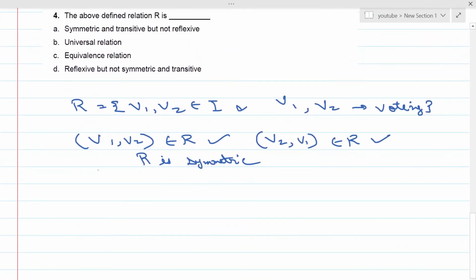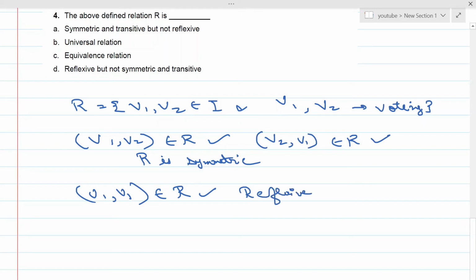What is reflexive? Reflexive is basically that (V1, V1) should belong to R for all people who have voted. This is true because if I am an Indian citizen and I voted, then I will belong to the same relationship. So this is also true, meaning my relation is reflexive.